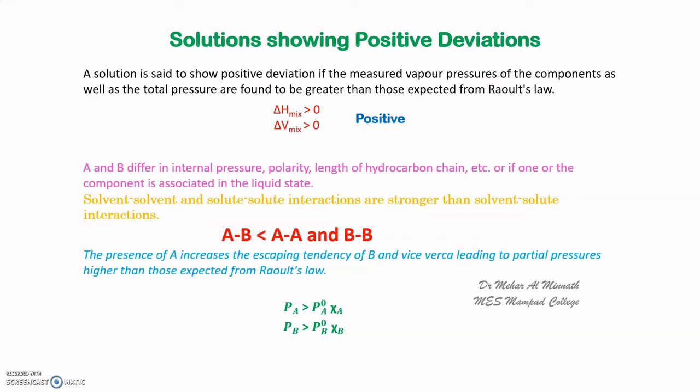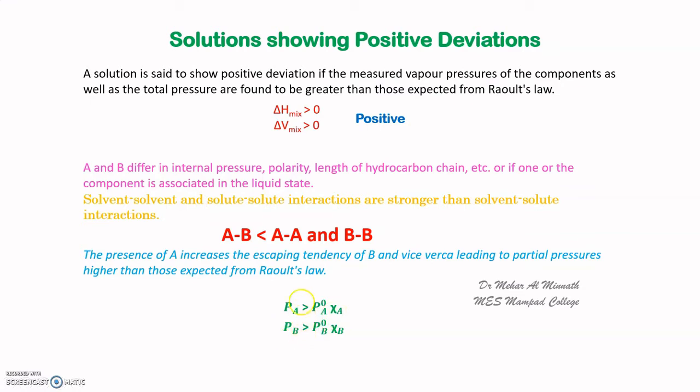Because of which, the partial vapor pressure of component A in the solution will be greater than the expected Raoult's law pressure, that is P naught A into chi A. And similarly for B.